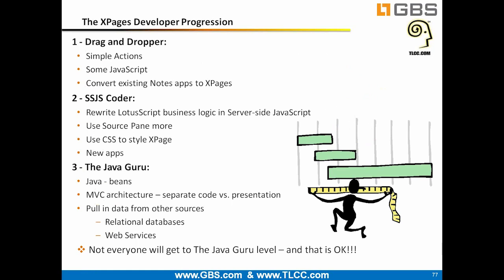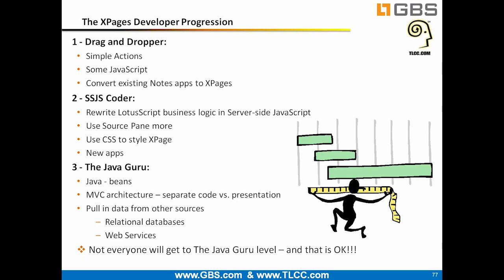Typically, most developers, as they start learning about XPages, kind of follow this progression. What we did today was clearly in the first step of this progression. Paul, in the webinar, we went through simple actions, used a little bit of JavaScript, and you saw how we were able to convert that Notes application to XPages with very little server-side JavaScript and obviously no Java itself.